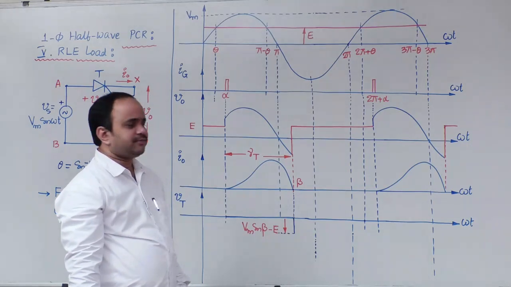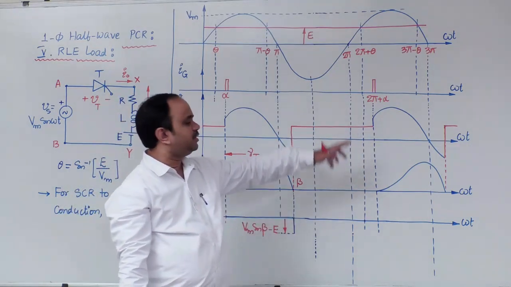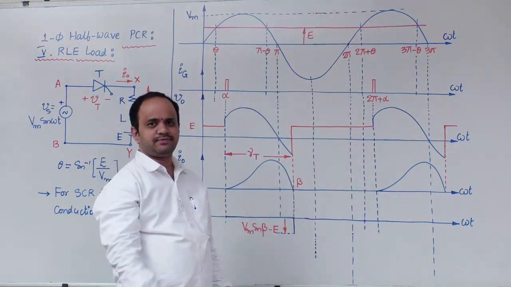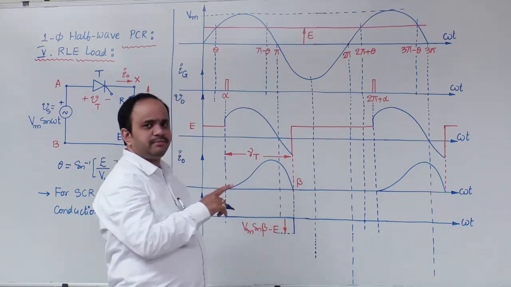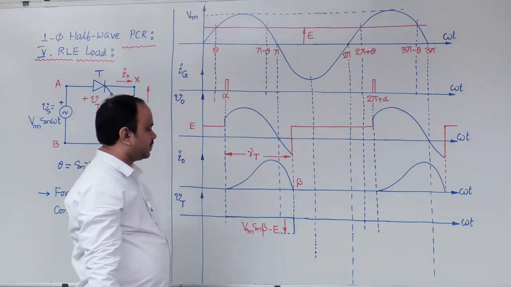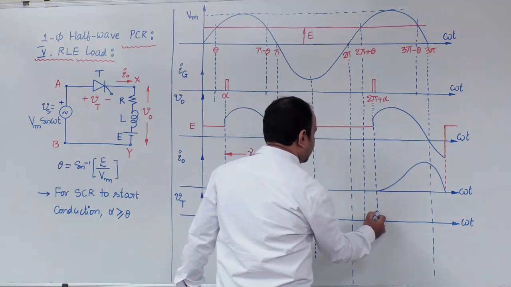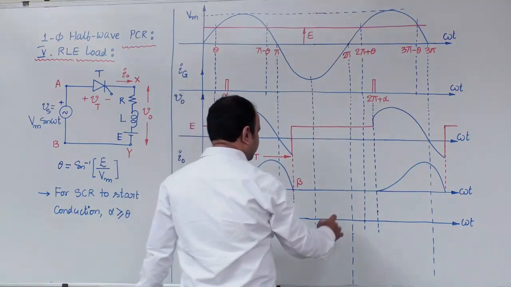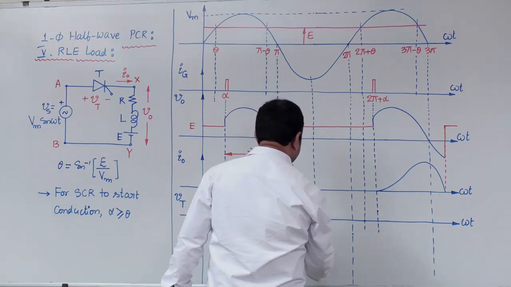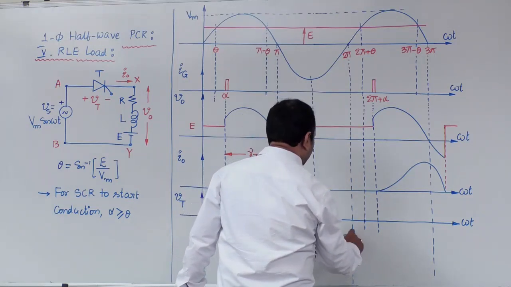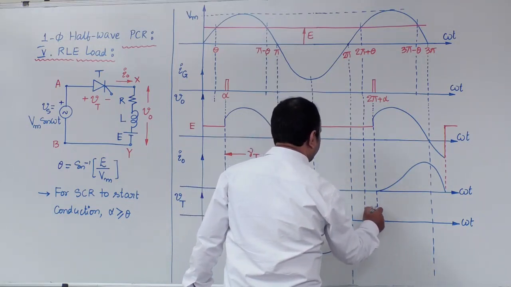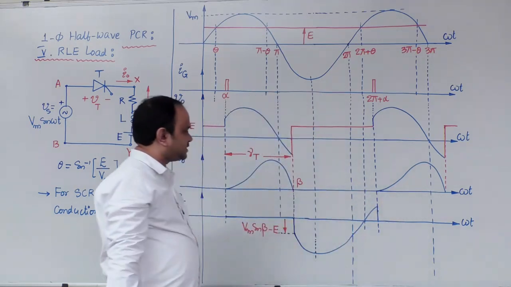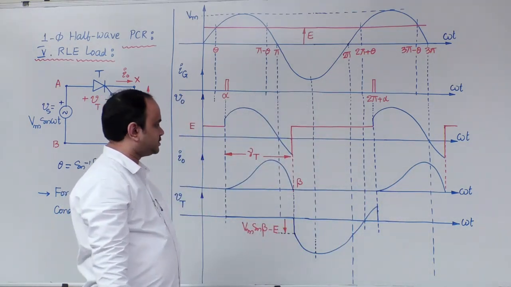At 2 pi plus alpha, what is the sinusoidal value? That is Vm sin alpha minus load EMF E, which will give you Vt. Therefore, that value will be somewhere here. Now join all of these points. By joining all of these points, the voltage across SCR waveform will be something like this.